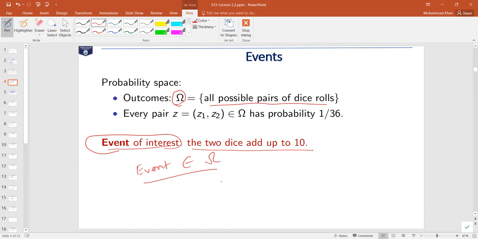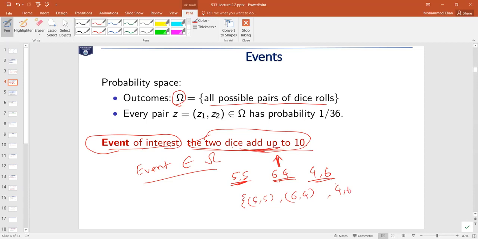That means the event that matches this criteria should be (5,5), (6,4), and (4,6). So these 3 outcomes conform with this criteria. So our event of interest will be (5,5), (6,4), and (4,6).